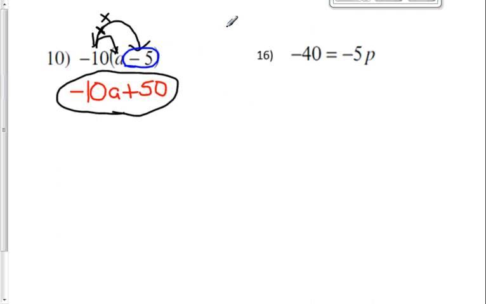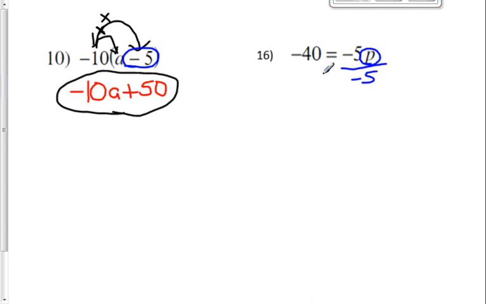Moving on, number 16, we're actually given an equation. And in 16, I want you to actually solve for P. This equation reads negative 40 is equal to negative 5 times P. So if I'm trying to solve for this P here, and they are multiplying by negative 5, I've got to do the opposite. I need to undo it. So I want to divide by negative 5.